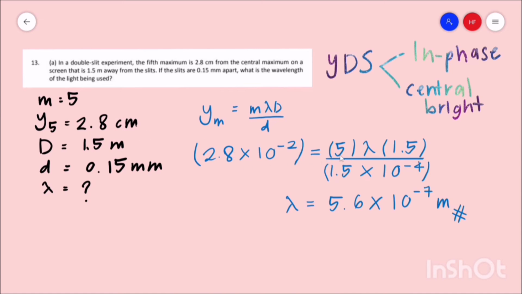And m equal to 5, lambda, capital D equal to 1.5, and small d 1.5 times 10 to the power of negative 4 because we want to convert millimeter to meter. So this is the answer, which is lambda equal to 5.6 times 10 to the power of negative 7 meter.